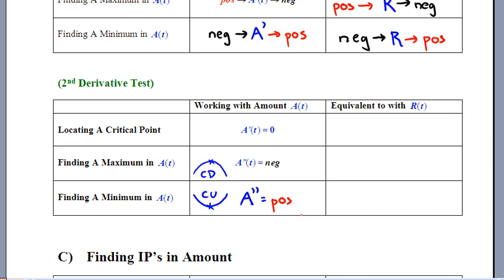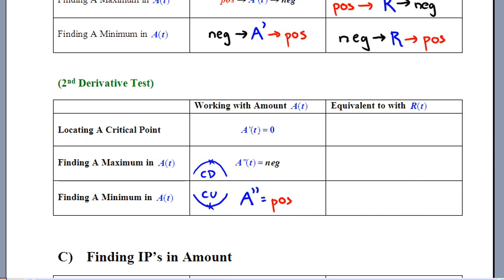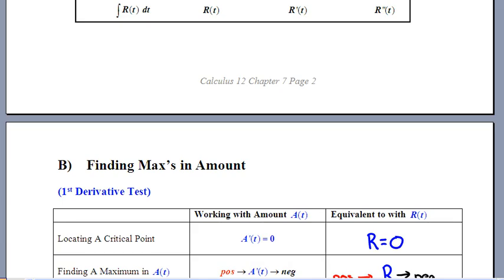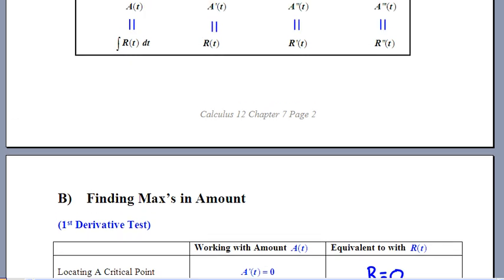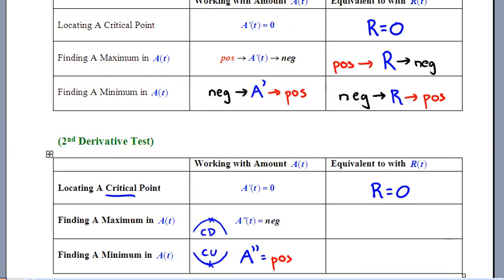So how do you convert that over to working with rate? Well, it's actually pretty easy. A prime being 0, looking for that critical point in the story, that would just be when R is equal to 0, because A and R are off by a derivative. A double prime, not a problem, right? I can even go back to my little legend here. A double prime, that's just R prime. It's the speed that you're changing the rate.